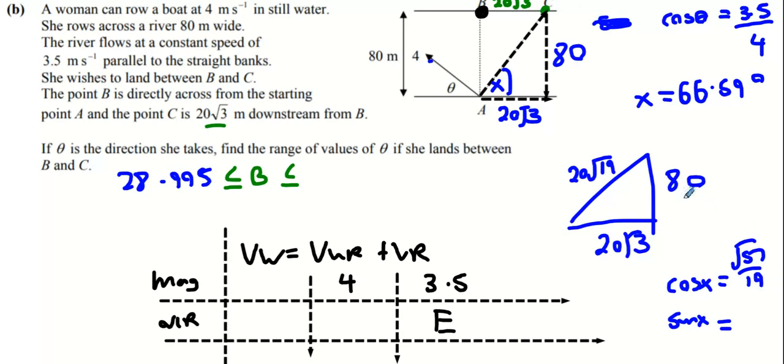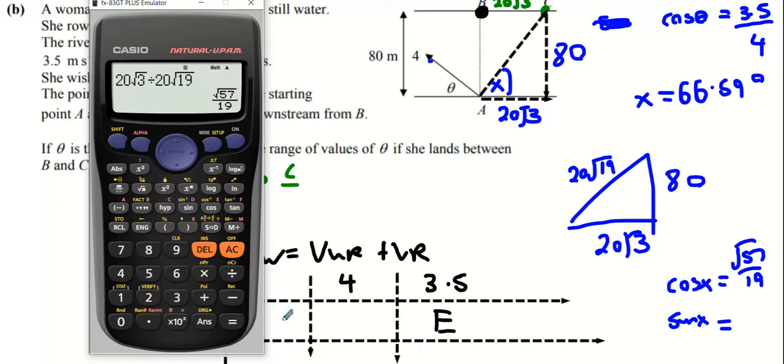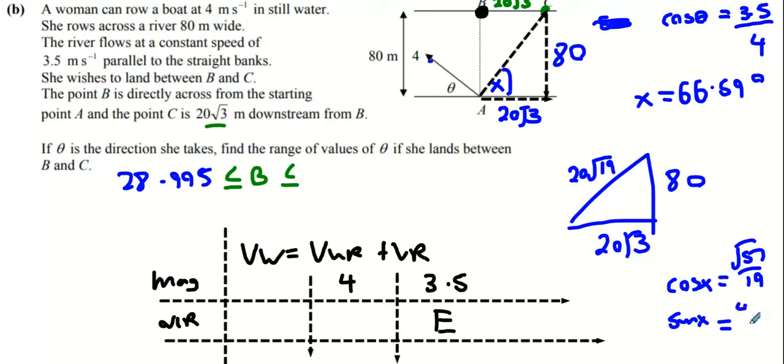And finally, the last one is the sine, which is going to be 80, opposite over hypotenuse, so 20 root 19 here. And we can see that that is 4 root 19 over 19. Now I might need those values later on, okay? So I'm just going to store these here.